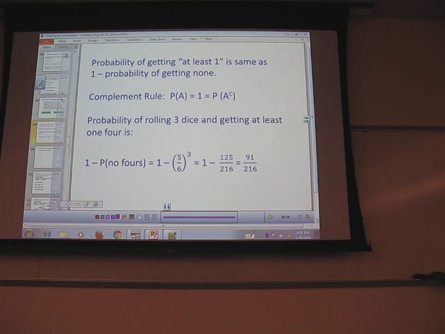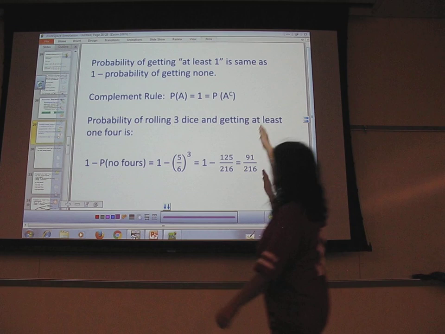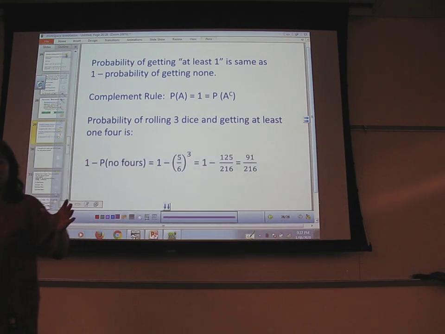Either I have at least one sibling, or I have 0, none, no siblings. Exactly. If I count the bills in my pocket, I either have at least $1 or I have $0. So the complement of at least 1 is none, right?